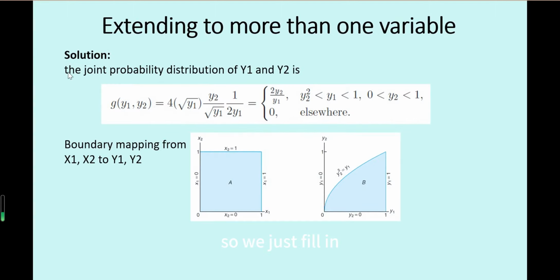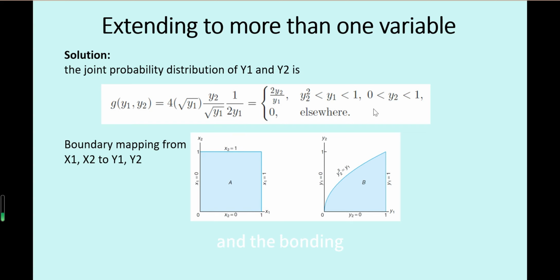So we just fill in the formula, and we get the joint density of y1 and y2 equals the joint density of x1 and x2 with the y1, y2 values filled in, then times the Jacobian determinant. The result is 2y2 divided by y1.